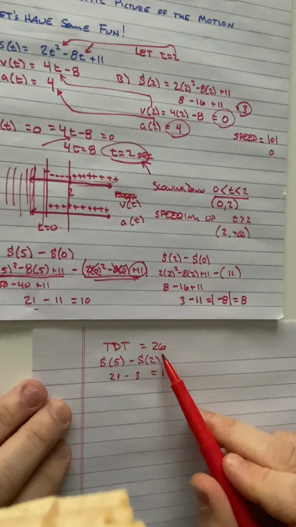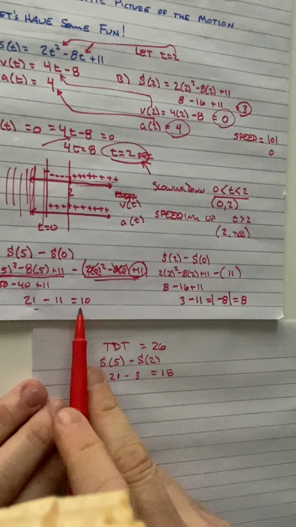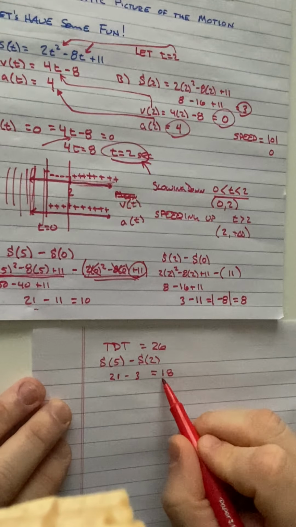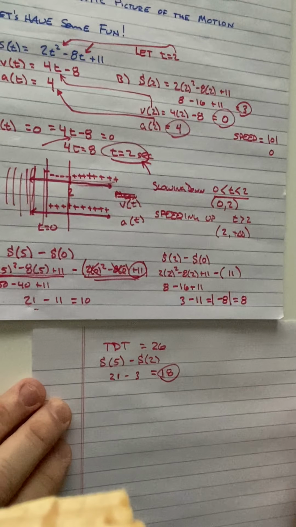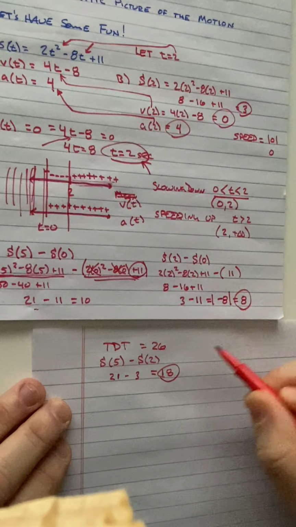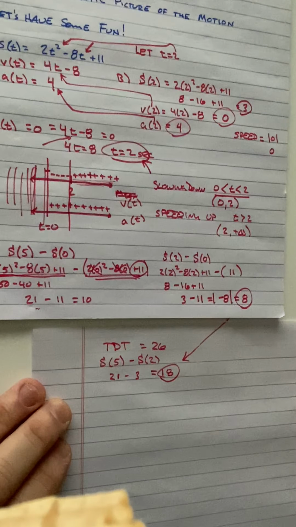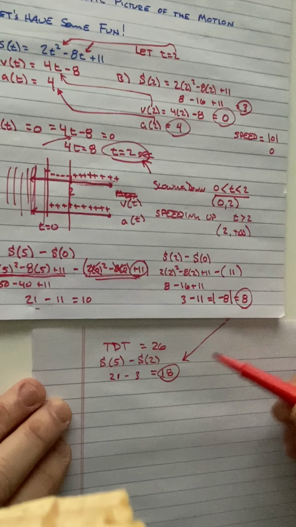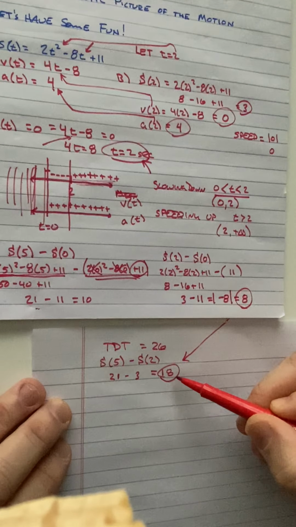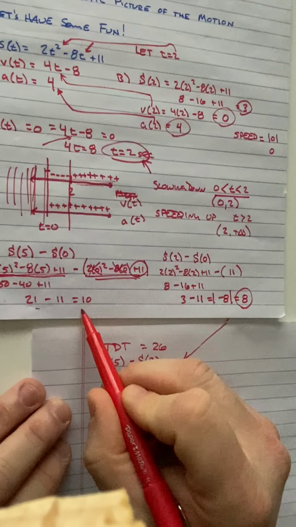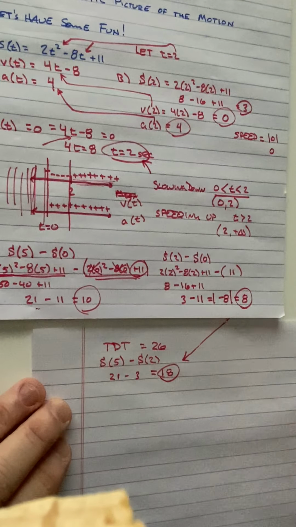It's a good system of checks and balances for this problem. If I traveled 18 units to the right and 8 units to the left, can you see what my net distance traveled would be? You subtract all the left movement from all the positive right movement, and the net distance traveled should be 10.